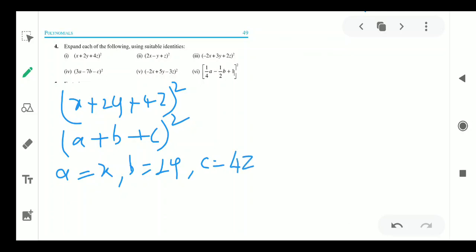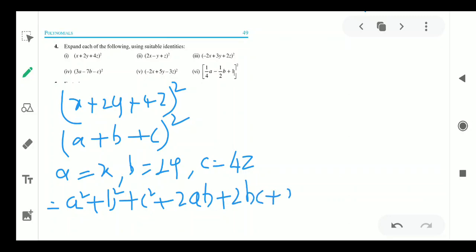Now what is the formula for (a + b + c)²? That is equal to a² + b² + c² + 2ab + 2bc + 2ca. Okay, so you just substitute the a value, b value and c value in this, then you will get the answer.